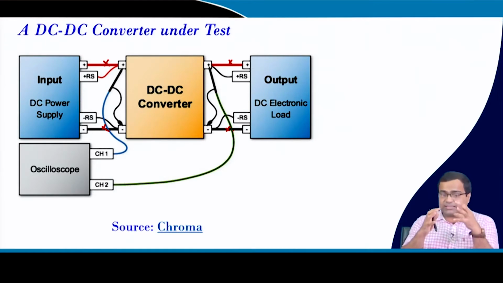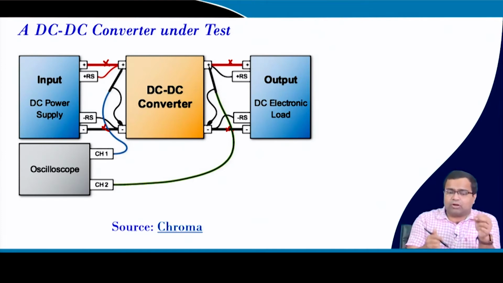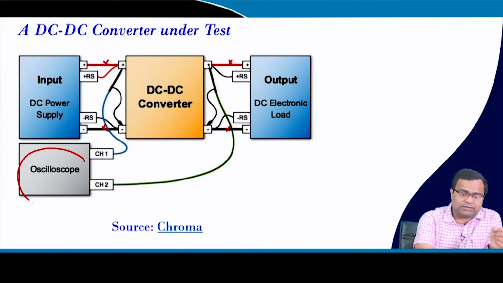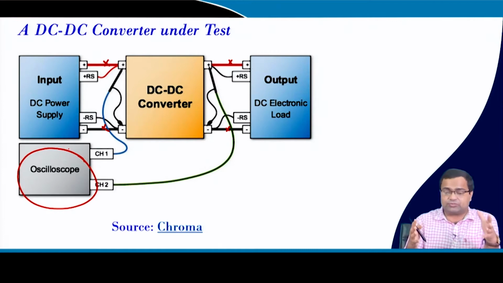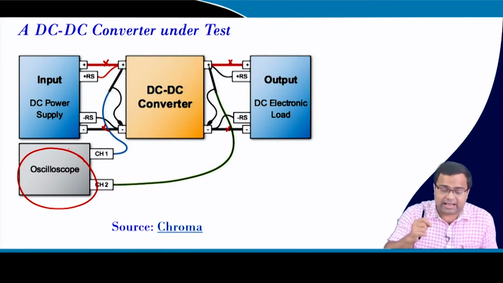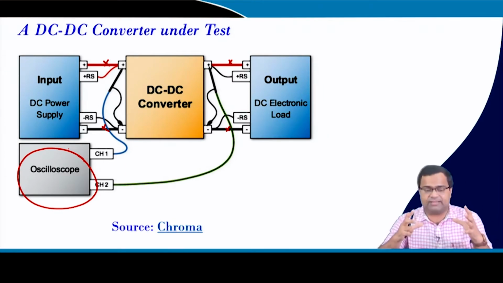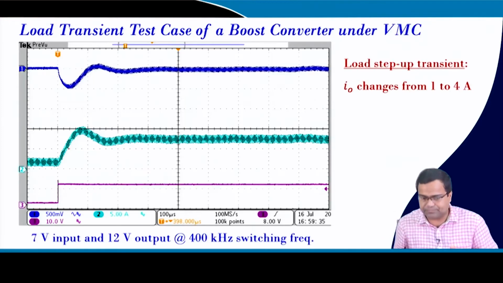So, we need to make a special load in order to test high slew rate load transient, and also we need an oscilloscope. There can be other measuring instruments, like a digital multimeter. On the oscilloscope we can observe various waveforms, whether you want to see current or voltage, so you also need a current probe and a voltage probe. So, different probes are needed.